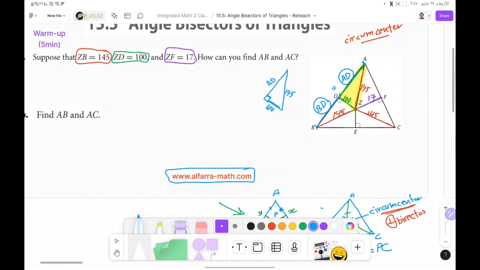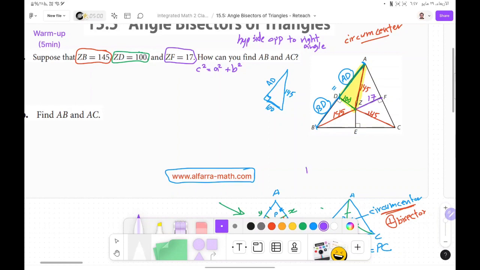If you remember, we can use the Pythagorean theorem, which says C squared equals A squared plus B squared. C represents the hypotenuse. How do I know the hypotenuse? The hypotenuse side is always opposite to the right angle.